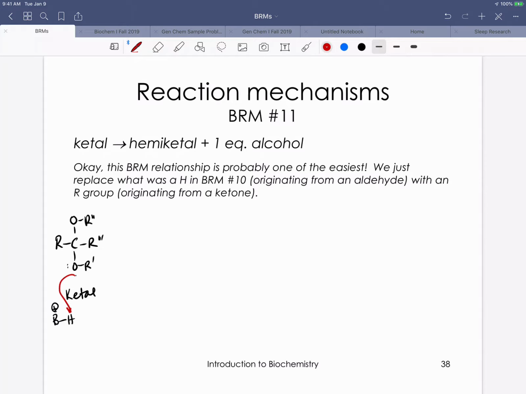We're going to have protonation of what we want to be our good leaving group. We have departure of this leaving group, which is facilitated by the adjacent lone pair electrons on the heteroatom, the oxygen that's there.